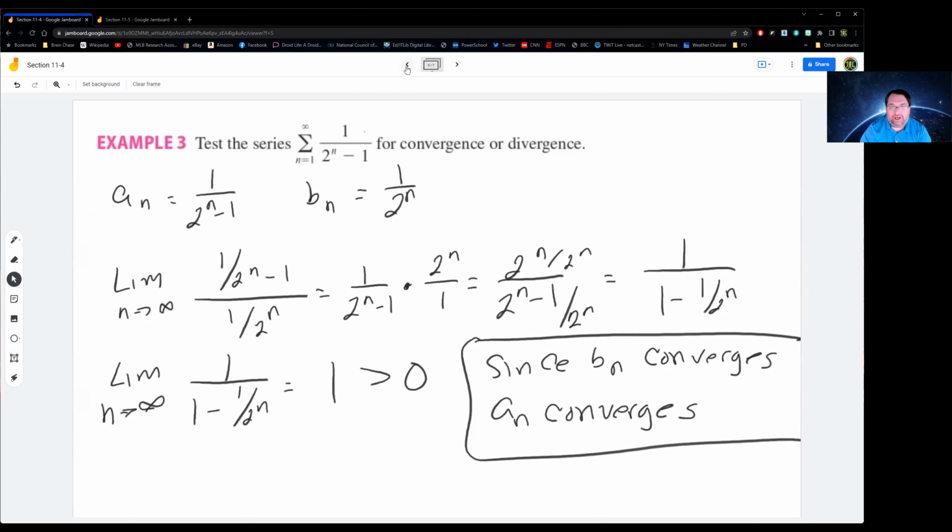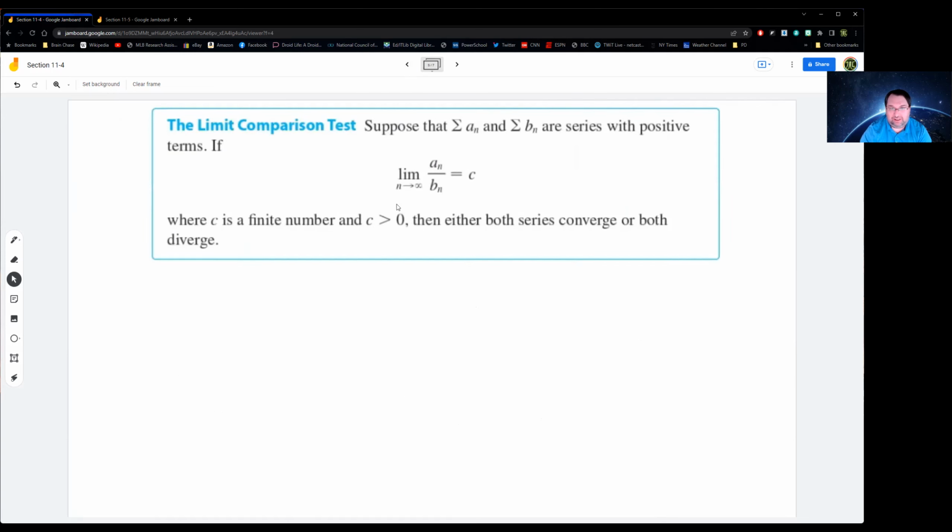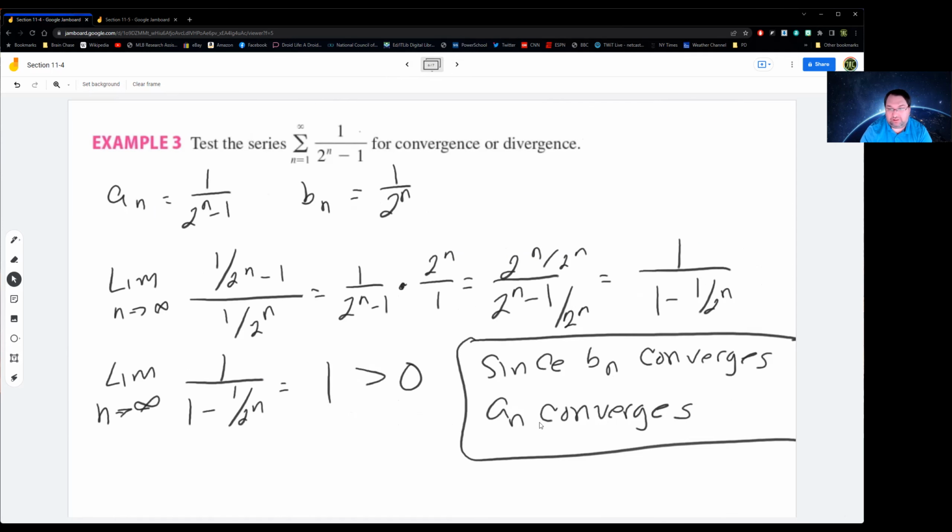That's the only criteria for the limit comparison test: when we do this, C has to be a finite number and C has to be greater than 0. If that's true, then whatever the bn series does, the an series has to do. So since, in this case, bn converges, an converges.